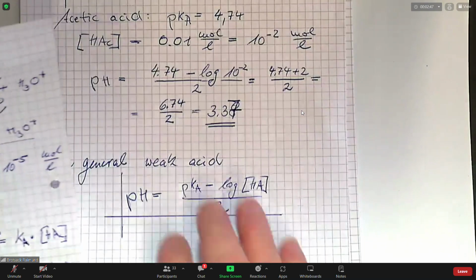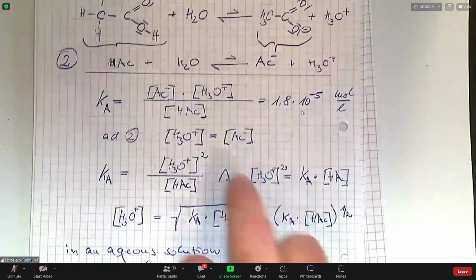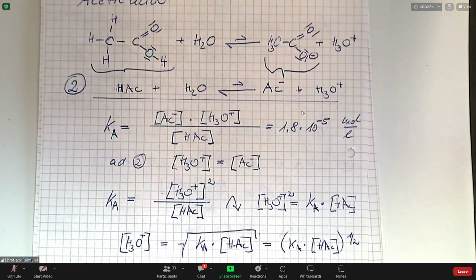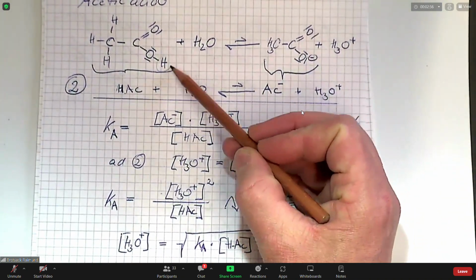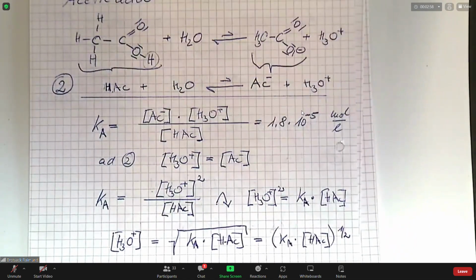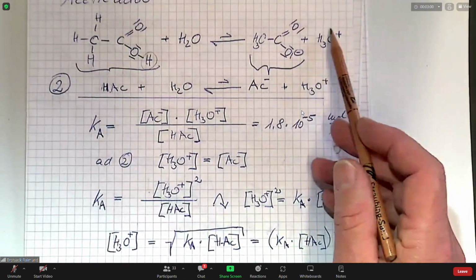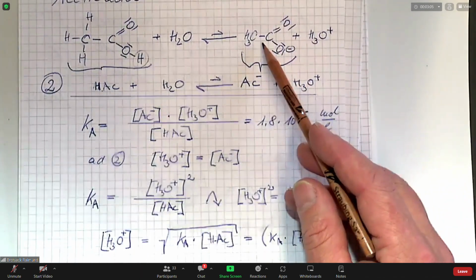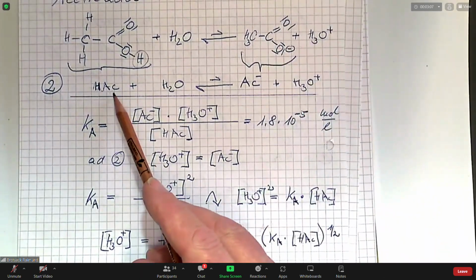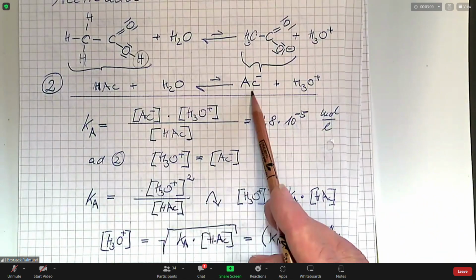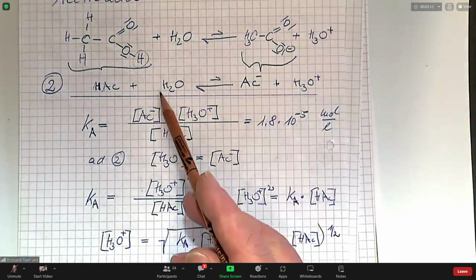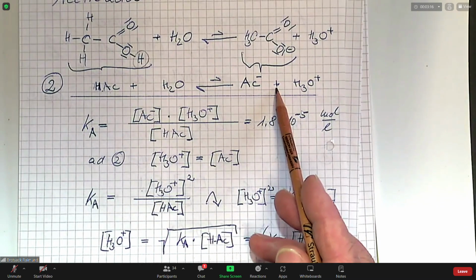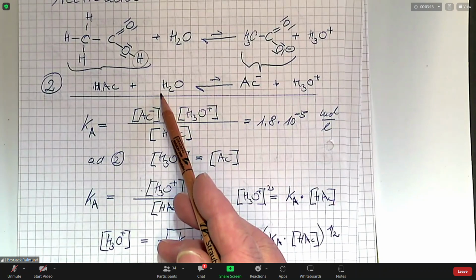And for the example of the acetic acid, we discussed that this proton is the one which is delivered to form the H3O+, and we have the acetate anion, A-. And here the equilibrium is not totally on the right, it's more on the left. So it's a weak acid.